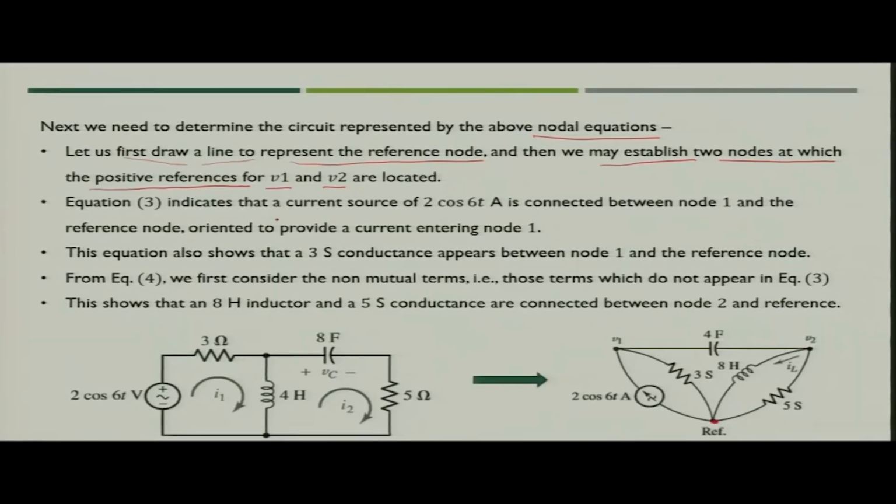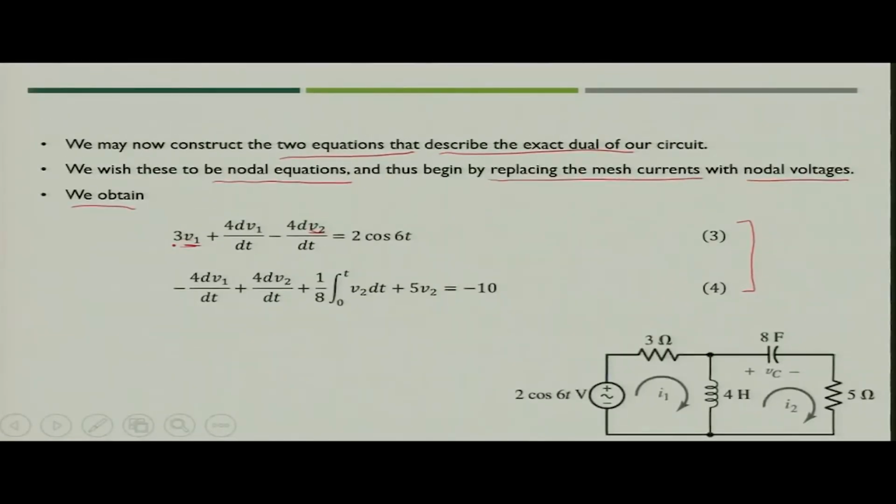Now, if you see equation 3, it indicates that a current source of 2 cos 6 t ampere is connected between node 1 and the reference node, because this is a nodal equation and this term represents a current value for only node 1.